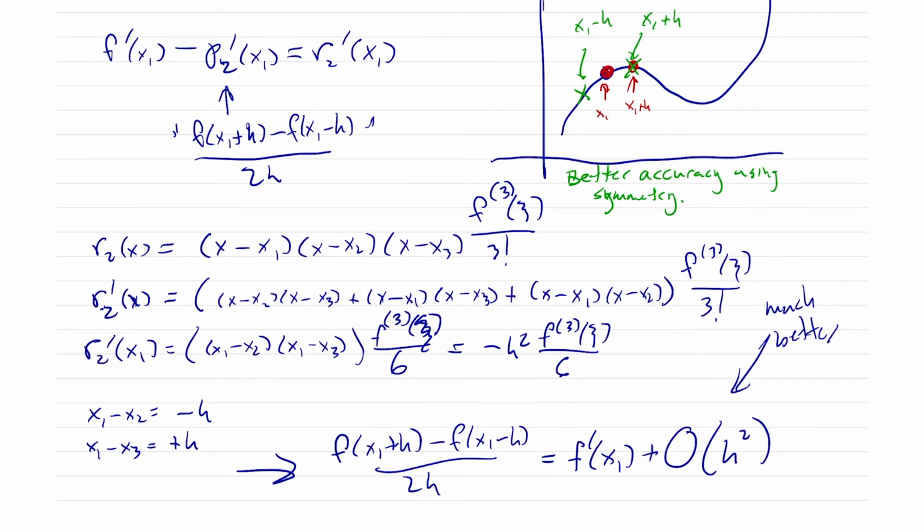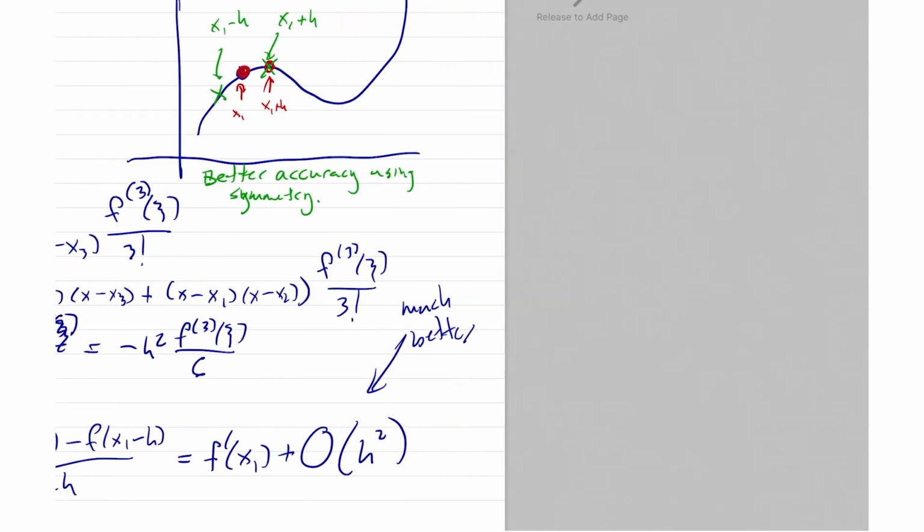Okay, so let's take a look at one more example, and then we can call it a day. So we're going to use these points. We're going to use x1, x1 plus h, and x1 plus 2h.